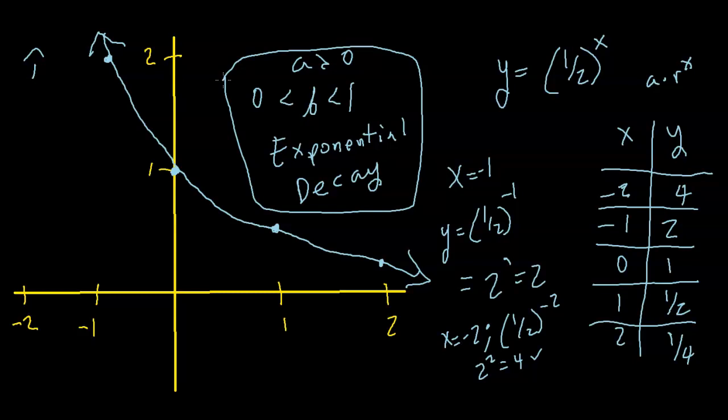So it's really sort of a mirror image of your exponential growth functions. And again, that's when you have an exponential function with a positive initial value or a positive y-intercept, and your ratio is a positive number less than 1. That's exponential decay.